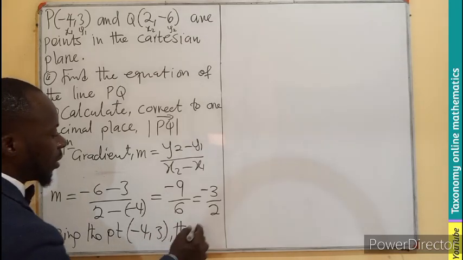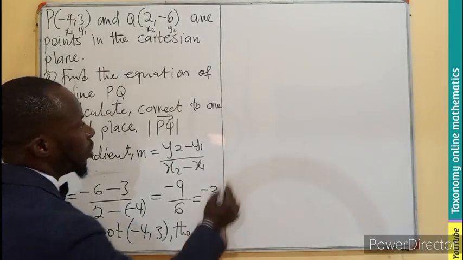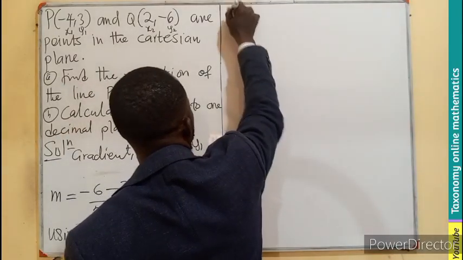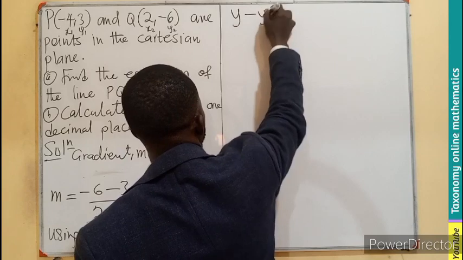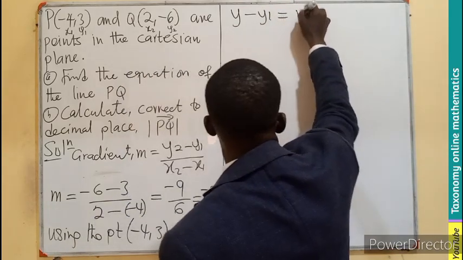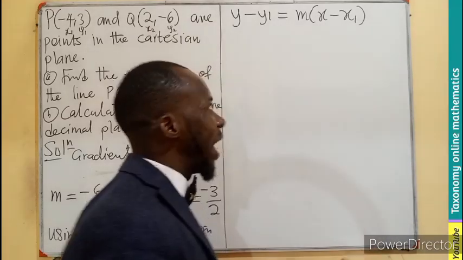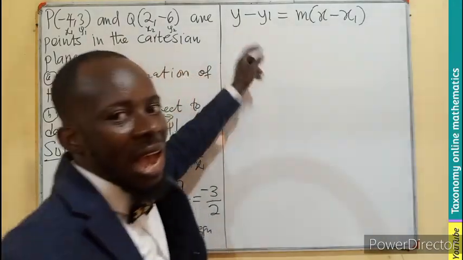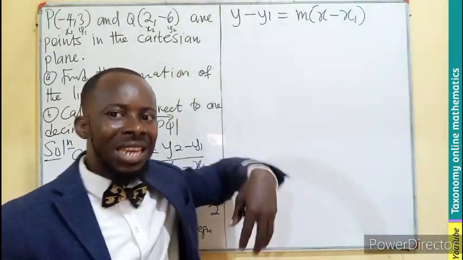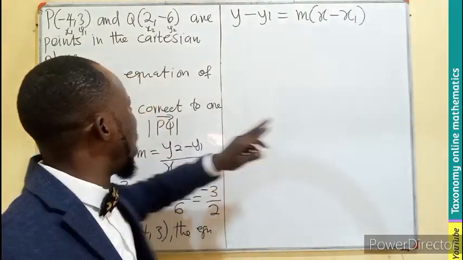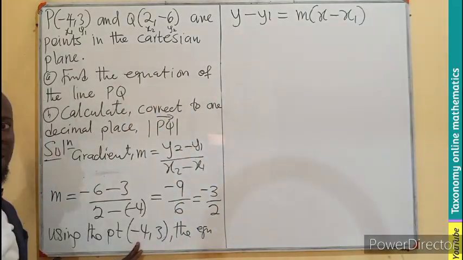So the equation becomes, we know we have y minus y1 equals m times x minus x1, where the x and the y are the coordinates in the plane. Then the x1 is the value we are picking here as minus 4.